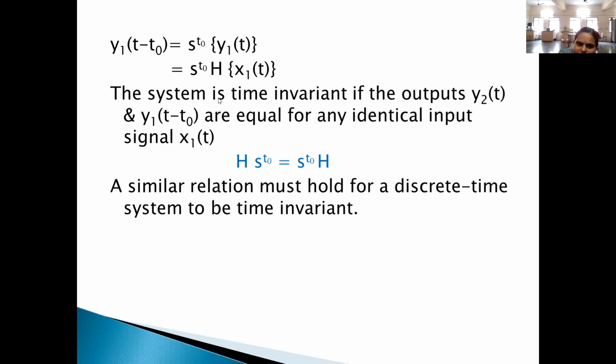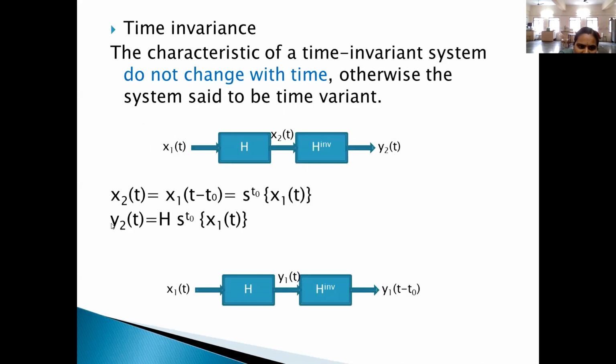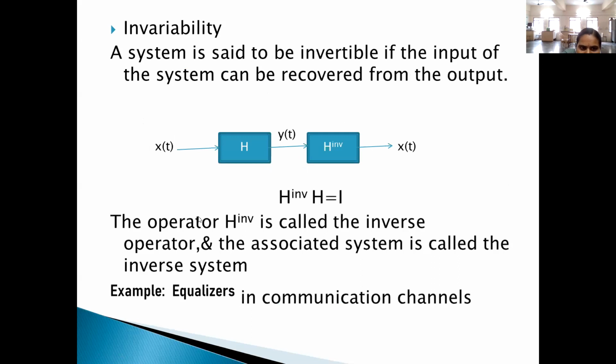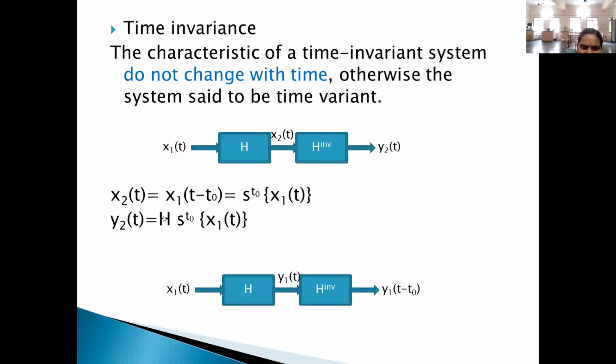Next, the system is time invariant if the outputs y2 of t and y1 of t minus t naught are equal. Means y2 of t should be equal to y1 of t minus t naught. When both are equal, observe here, s power t naught into h, and here also h into s power t naught.